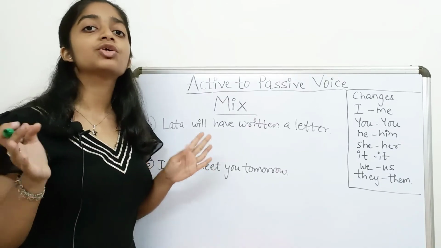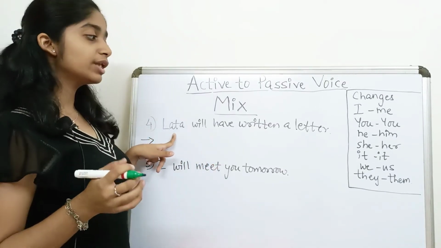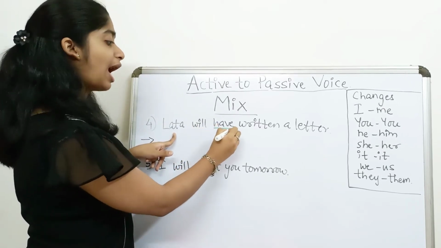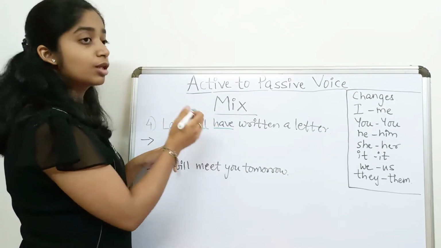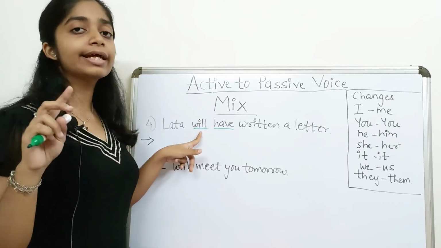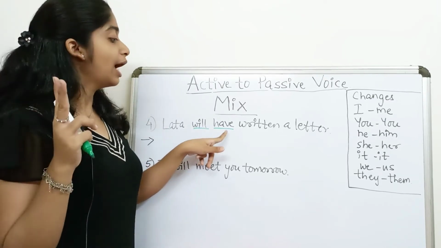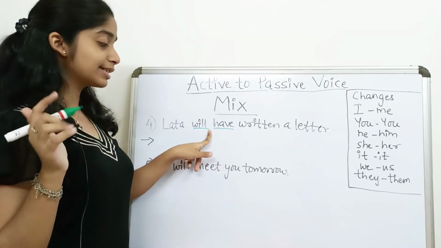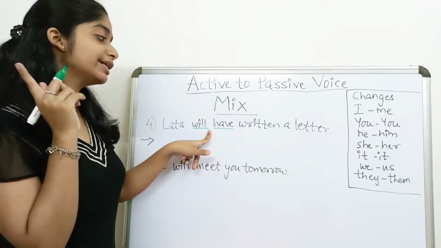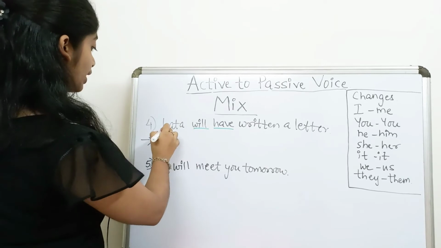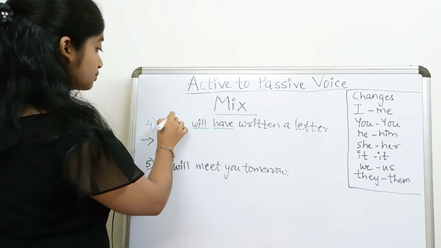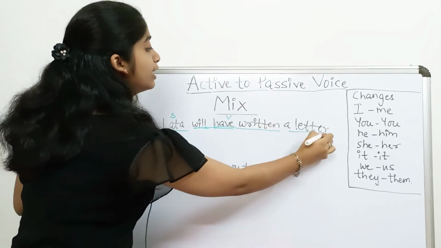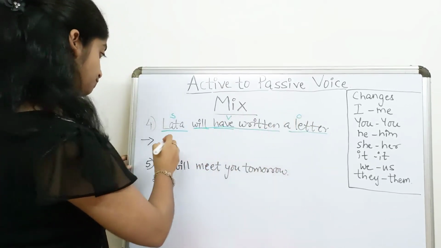Let us move on to the fourth one. Lata will have written a letter. Here we come across the word have and will. So will indicates the future tense and have indicates the perfect tense. So this sentence is in future perfect tense. Let us have a look at it. Lata will be the subject, will have written verb, a letter object.